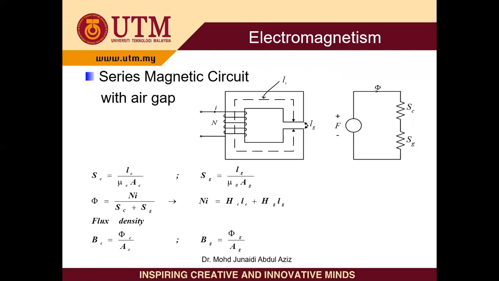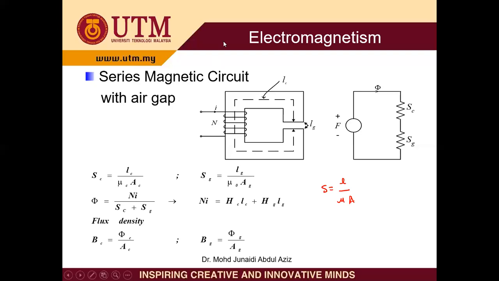The flux that flows inside both materials is the same, but the reluctance is different, because the reluctance depends on the length of the material over the permeability and the cross section of the material. So we can write down the reluctance of the core as this one, and the reluctance of the air gap as this one.